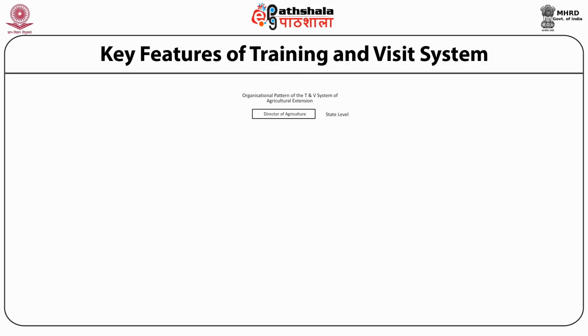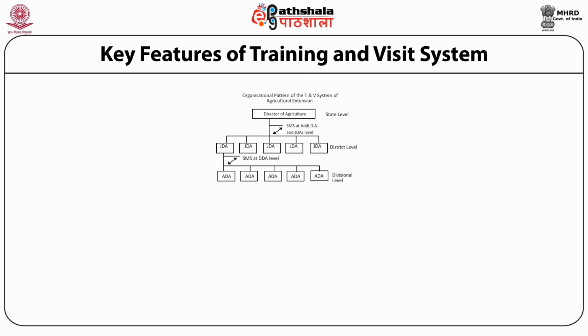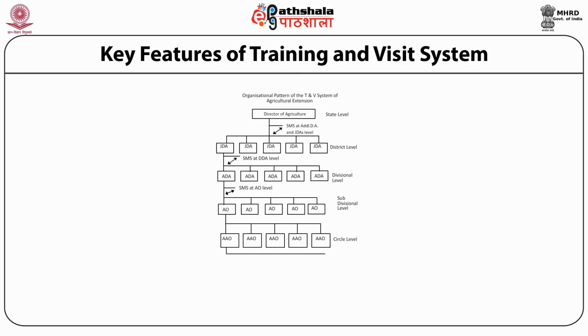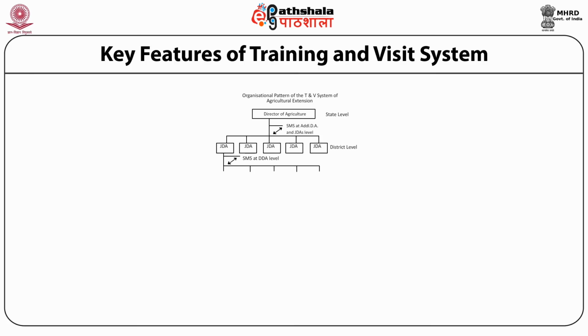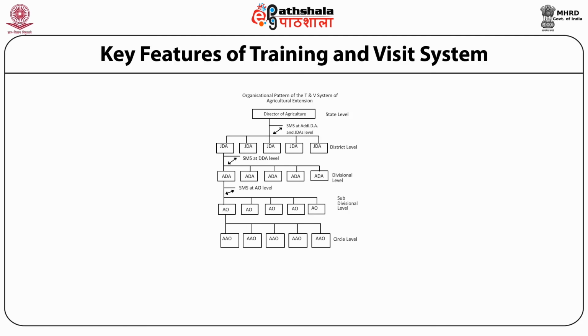Then comes the role of the District Agriculture Officer, who is in charge of a district. On all issues related to agriculture, the DAO is responsible at the district level. He monitors the work of SDAEOs and AEOs, and also the village level extension workers.